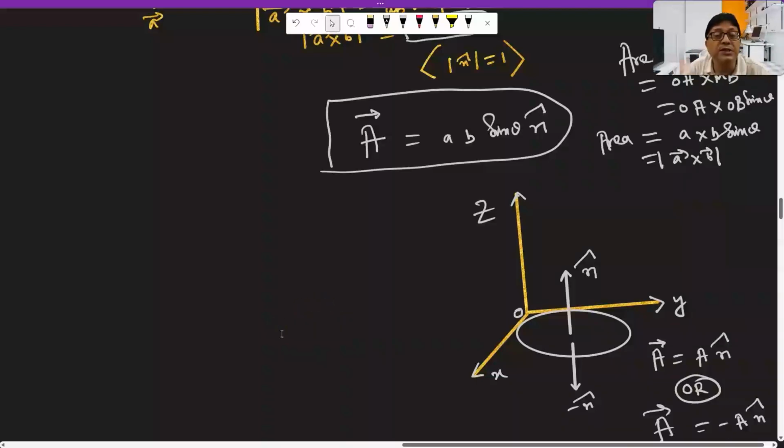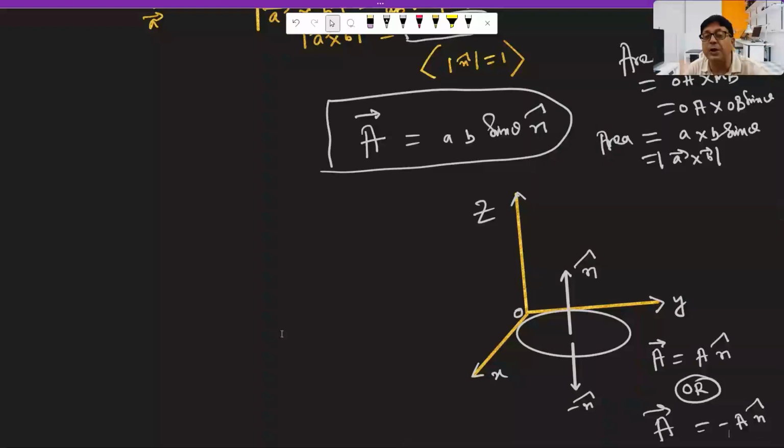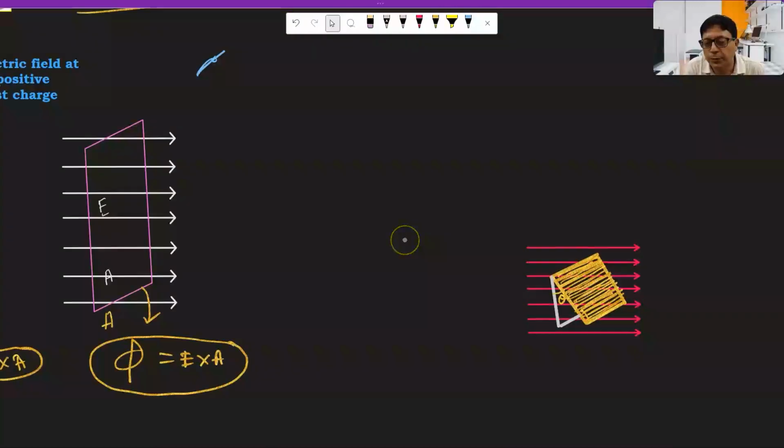But what is the consequence of this in electrostatics flux calculation? How to incorporate this area vector in calculating flux? Let me tell you. So this square, the yellow one, or rectangle, whatever you say, is kept in a uniform electric field of strength E. But this time it is not perpendicular to the direction of flow of field lines.